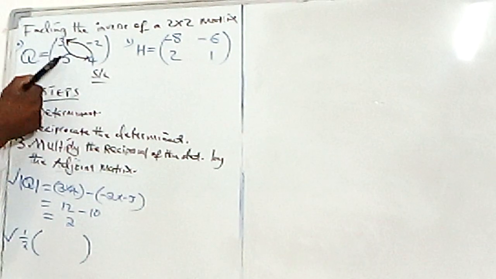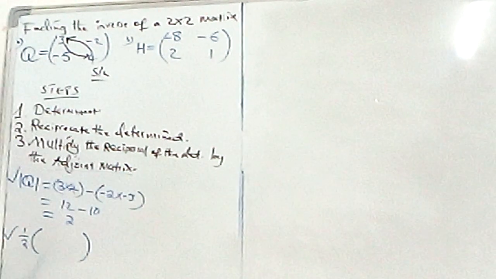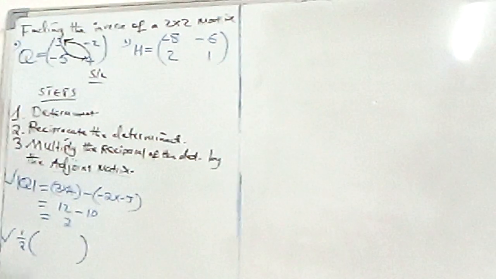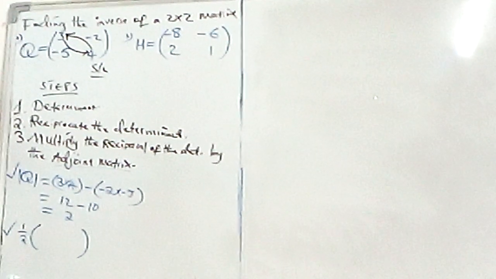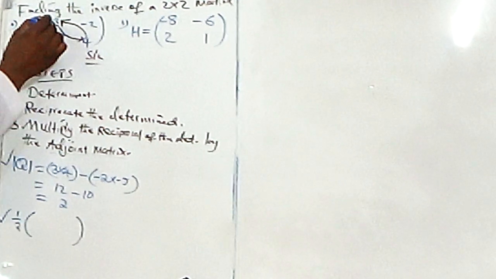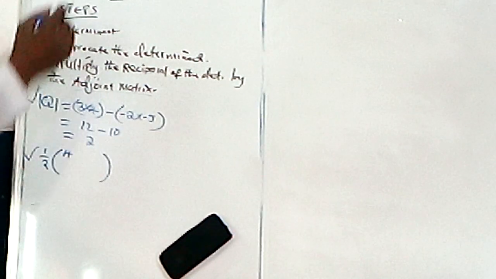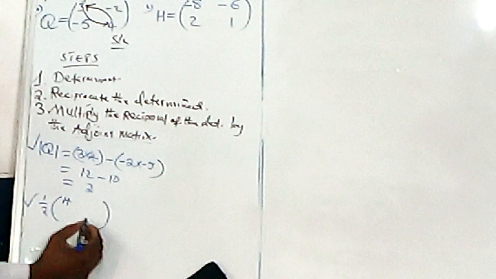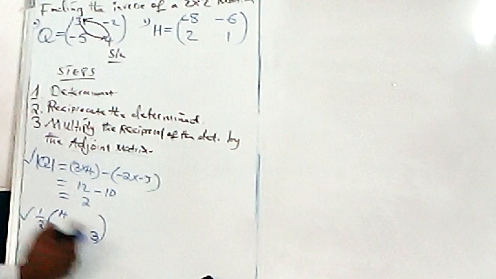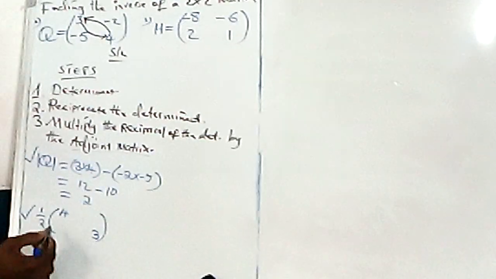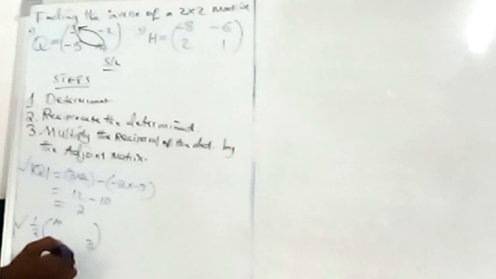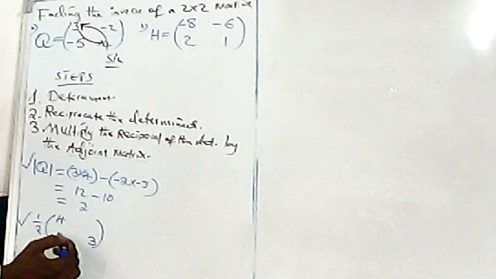So in the case of this particular matrix, while there's a 3, we're going to have a 4. And while there is a 4, we're going to have a 3. That is swapping in the major diagonal. Then the elements in the minor diagonal, each will receive a minus operation.